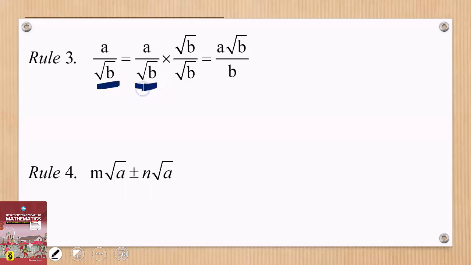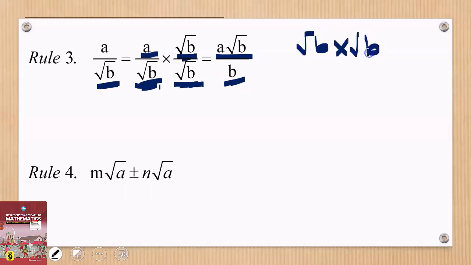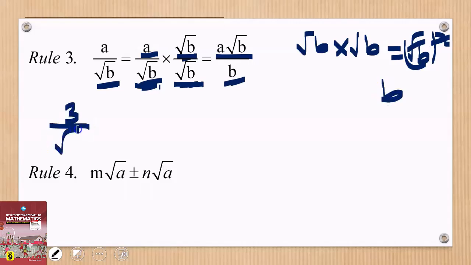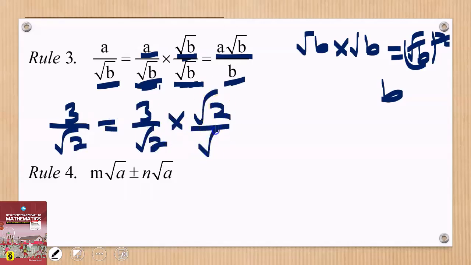So this A over root B is the same as saying A over root B times root B over root B. And when I multiply A times root B, I'll get A root B, and then root B times root B will just give me B. Root B times root B is the same as saying root B all squared, and then the square and the root cancel, giving us only B. So if I have, let's say, 3 divided by root 2, I can easily do this: 3 over root 2 times root 2 over root 2.